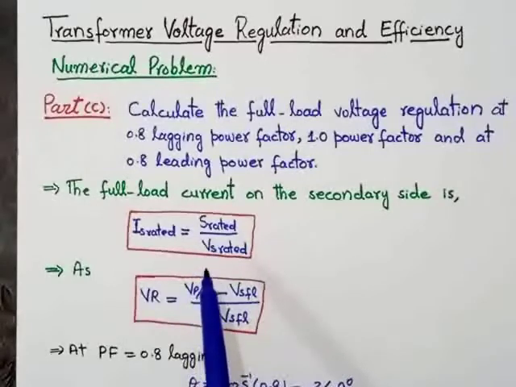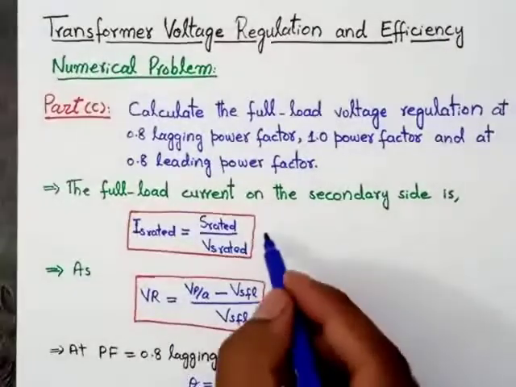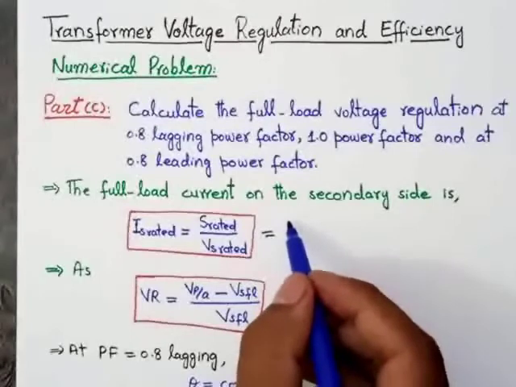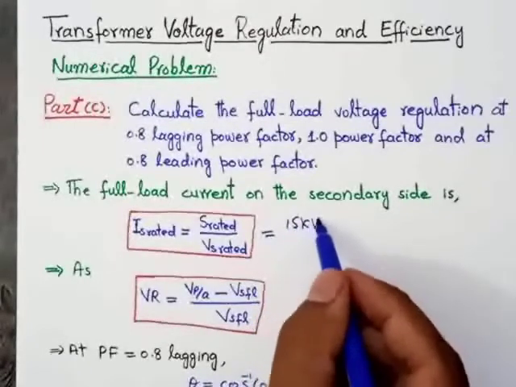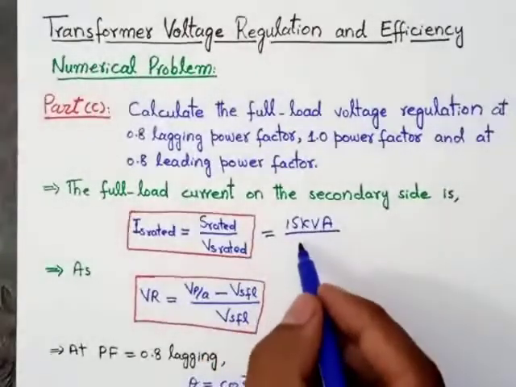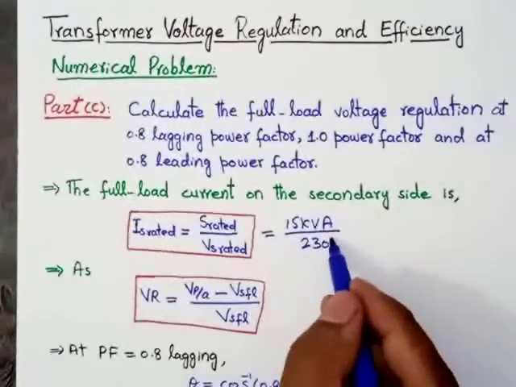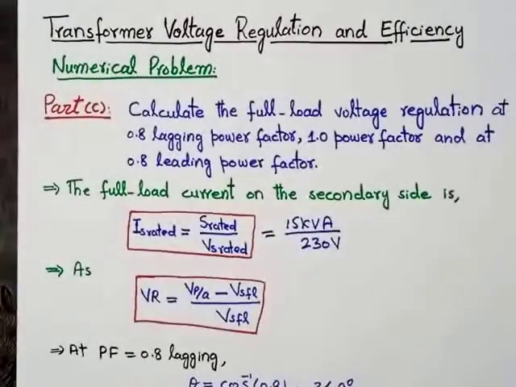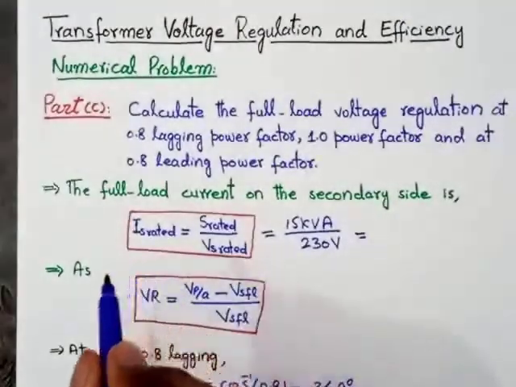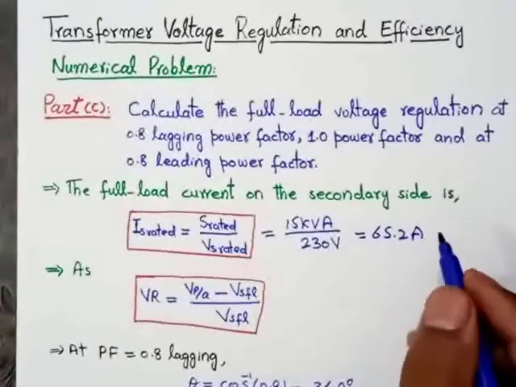The rated apparent power given is 15 kVA, and the rated secondary voltage is Vs equal to 230 volt. After solving this, we get the magnitude of rated secondary current equal to 65.2 ampere.